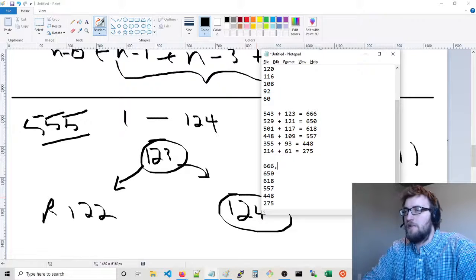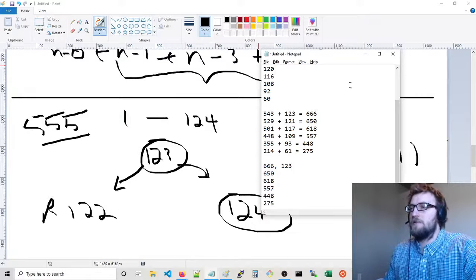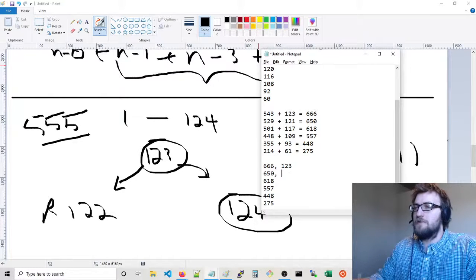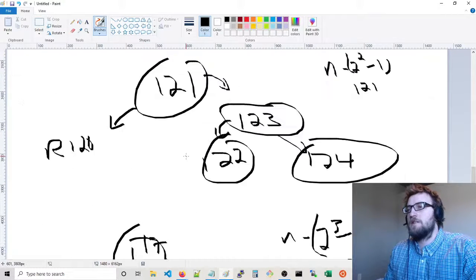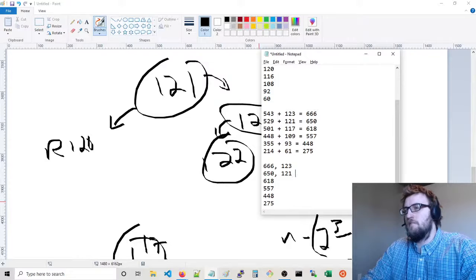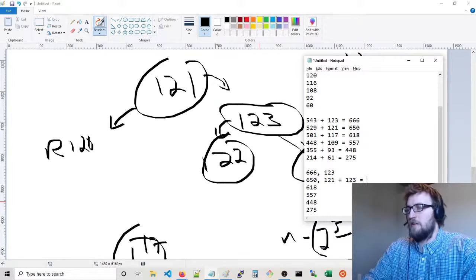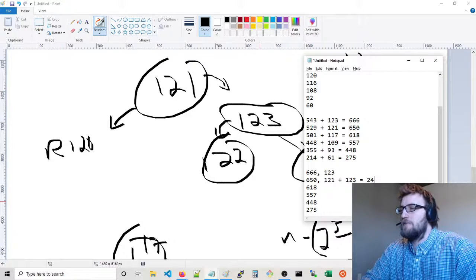In other words, I think this does follow the algorithm as described. I think the algorithm might just be wrong. So 123 and 666. You pick the larger of the two, right? So this is 666 on the top. This is 121 plus 122 or 123, which is 244.